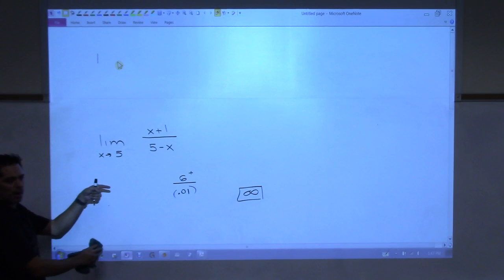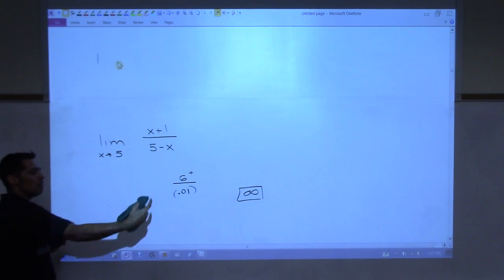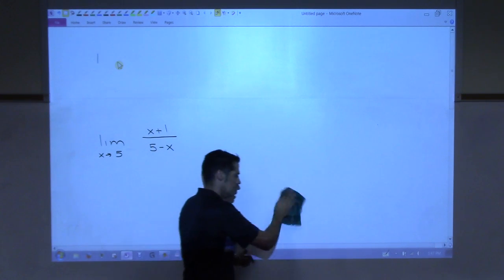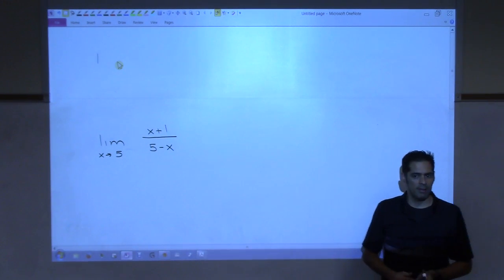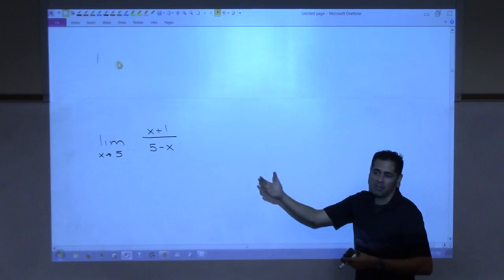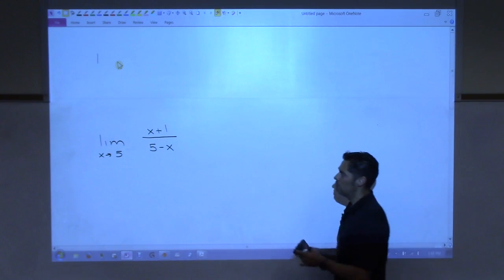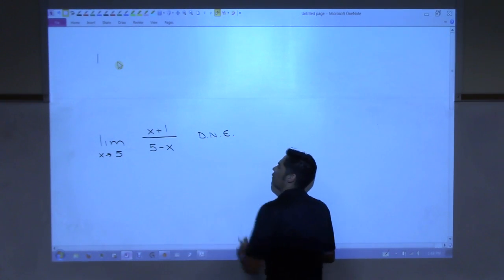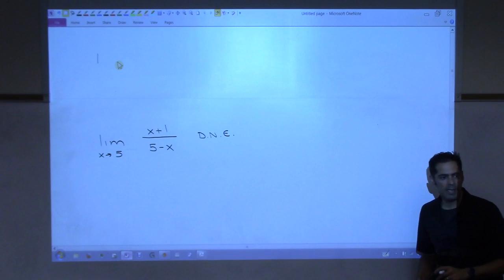You would get positive infinity. And if you come in from the right, you would get negative infinity. So what would that mean? Doesn't exist. Because positive and negative infinity, although they are both very large, one is positive, one's negative. So DNE would be the answer here. All right? Any questions?